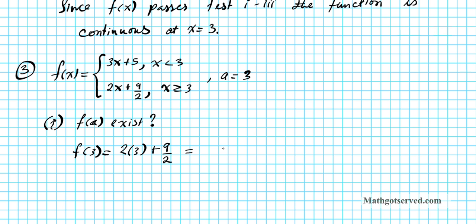So we have 6 plus 9 over 2. Put this over 1. We can express this as 12 over 2. So 12 over 2 plus 9 over 2 equals 21 over 2. So f of a exists. All right, so the function passes test number 1.